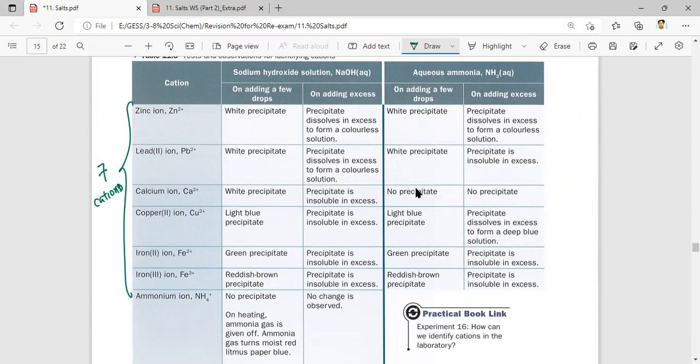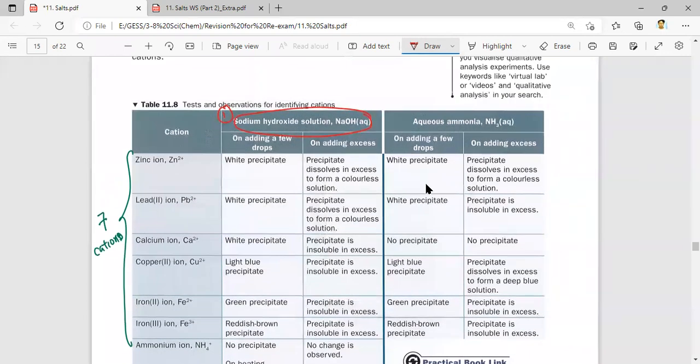Can you see on top here? This is the first reagent. When I add sodium hydroxide, what is going to happen? When I add aqueous ammonia, this is a second possible reagent that I can use. What is going to happen?